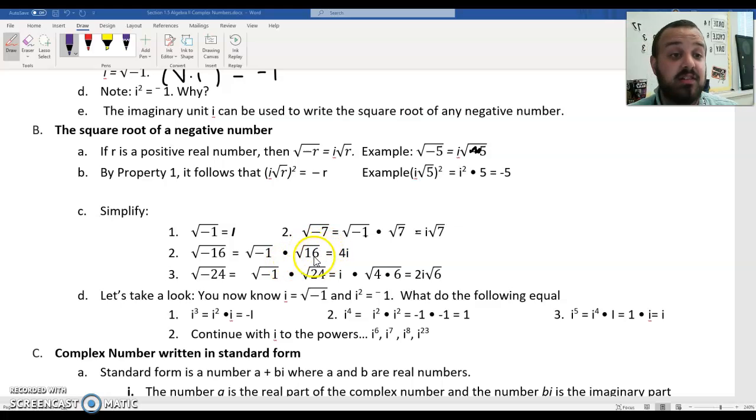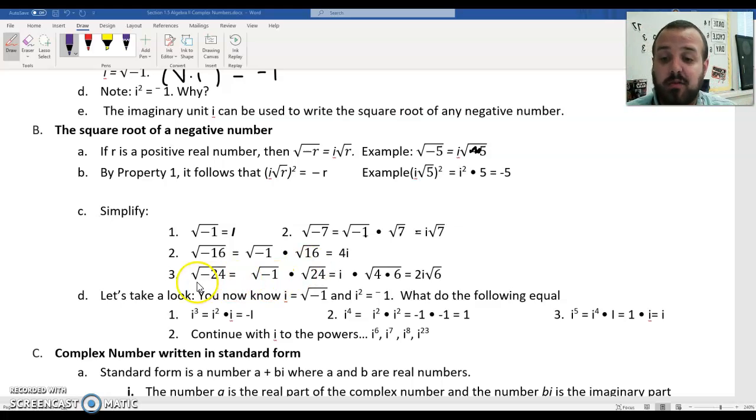And we know that the square root of 16 is 4. And we know this is i, so we can rewrite that as 4i, or i times 4. It looks like a variable. We almost treat it like a variable, like, oh, it has a coefficient and a letter. But we already know that letter has a defined meaning. It's not actually a variable where I can plug anything I want into that letter. It is the square root of -1. We're just rewriting it, okay?